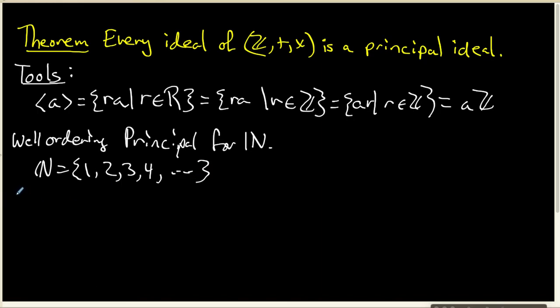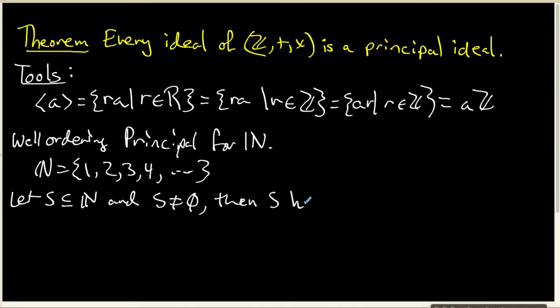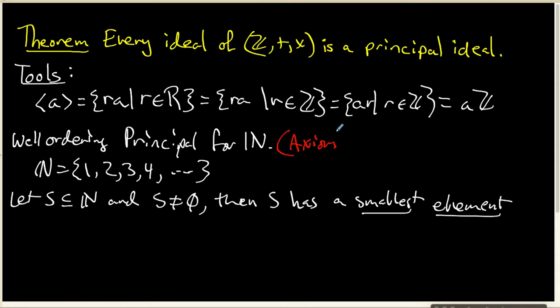And the well-ordering principle says that if we let S be a subset of the natural numbers and S is not empty, then S has a smallest element. And this is actually an axiom of the natural numbers. If you think about this statement, it is more or less obviously true, which is part of why it's taken as an axiom. It is also, from a foundational point of view, logically equivalent to the principle of mathematical induction.